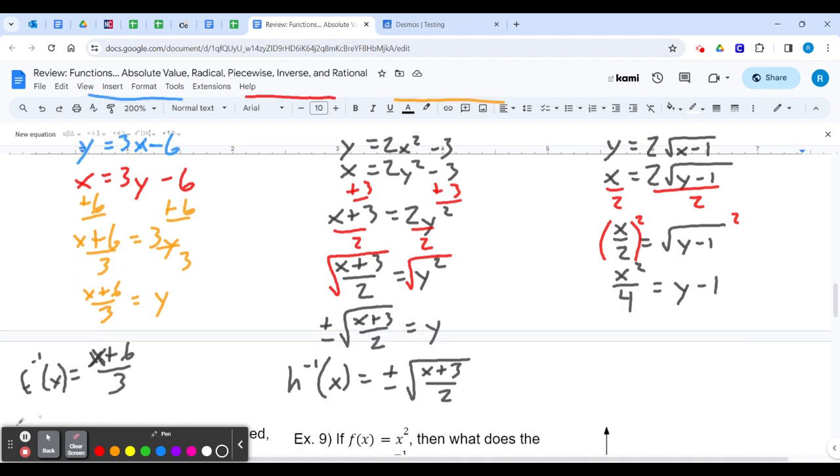And so finally, to get this all by itself, we add 1 to both sides. And we'll get this kind of nasty formula here. X squared over 4 plus 1 equals y. In which case we can just write as one more step here, the inverse of g is equal to x squared over 4 plus 1.